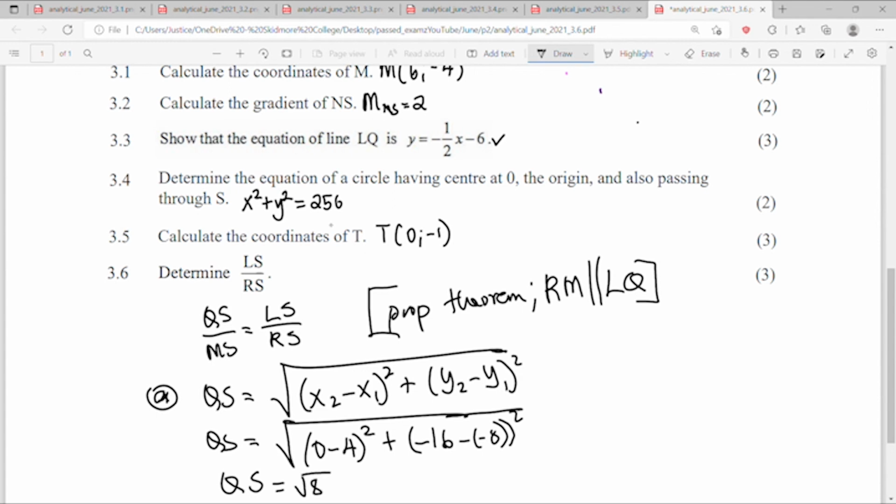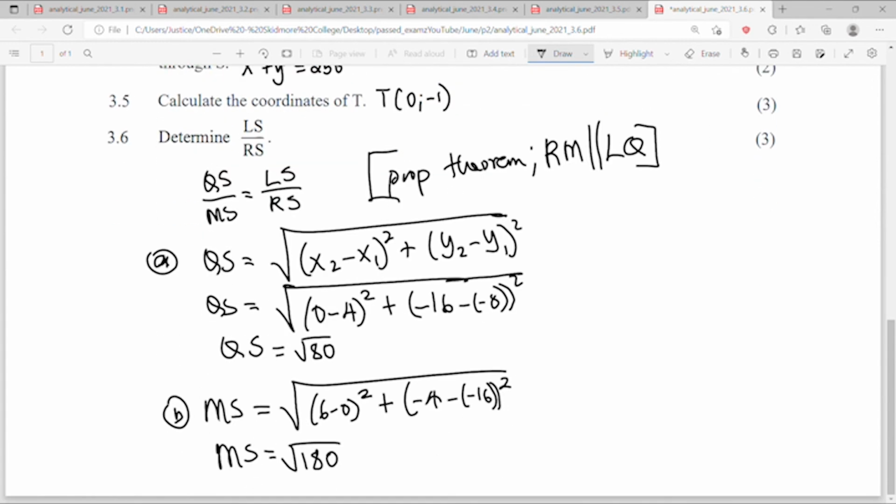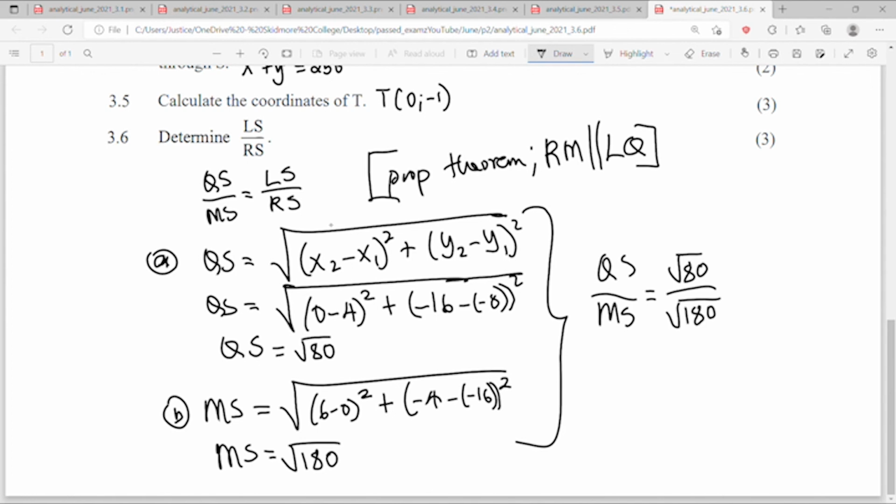For MS, we do the same process, and if you put these together for the final answer, QS over MS is the root of 80 over the root of 180, which is just 2 over 3. This is the same as LS over RS equals 2 over 3, and that is your final answer.